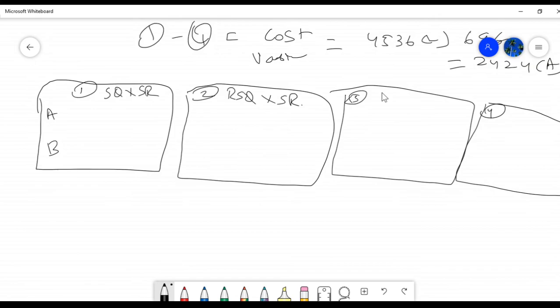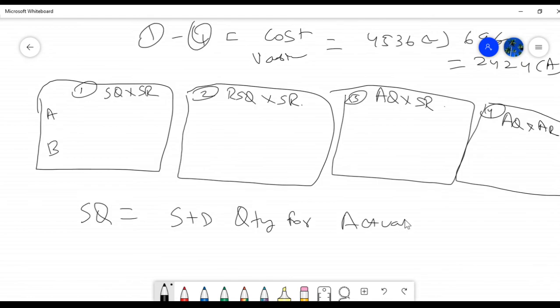Okay, these are the formulas. So first thing, SQ means what? SQ equals standard quantity for actual production. SR means standard rate. We can take it directly from the question.